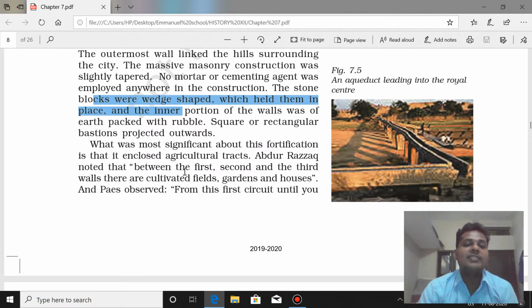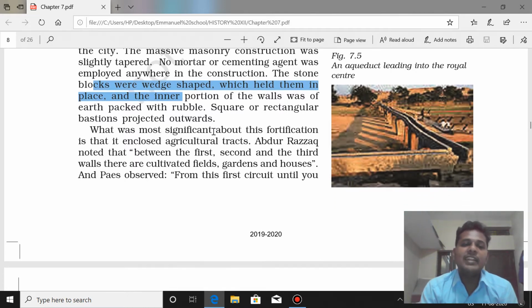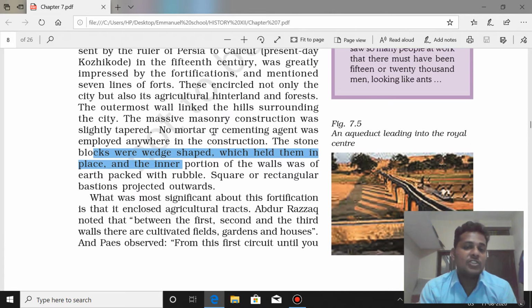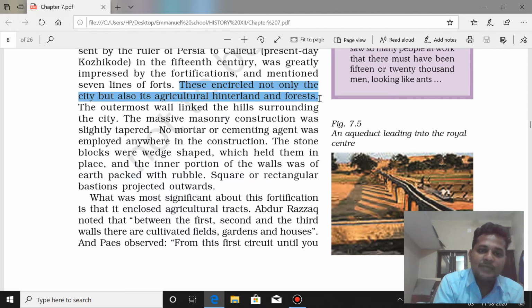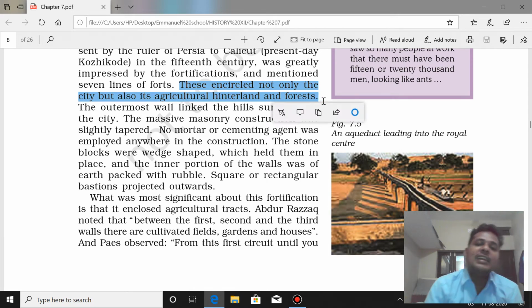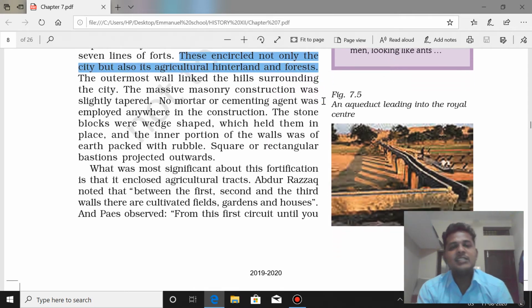And square and rectangular bastions projected outwards, so they were making a lot of square or rectangular stone structures projecting outward, defending the city. So this is the first point that you need to write. This is the key sentence: this encircled not only the city but also its agricultural hinterland and forests. So that is very important.